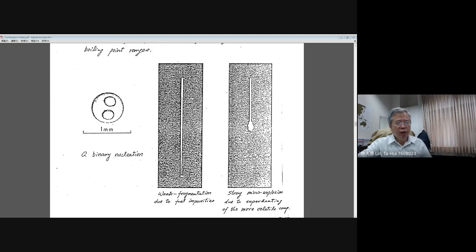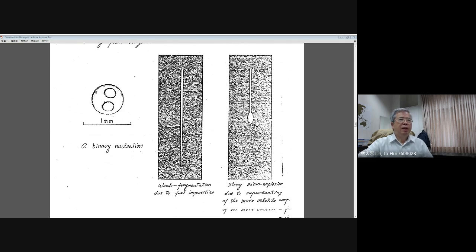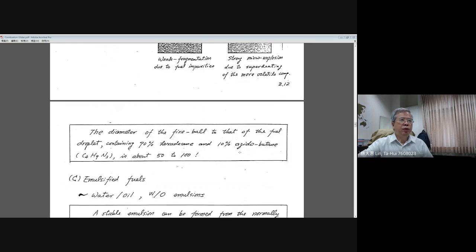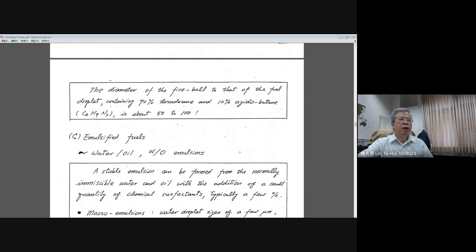There is a small increase of the flame surface. Okay, and this is a big one, a strong micro explosion due to the superheating of the more volatile component. These pictures were taken from the free-falling droplet experiment. And some literature shows you there is a strong micro explosion.